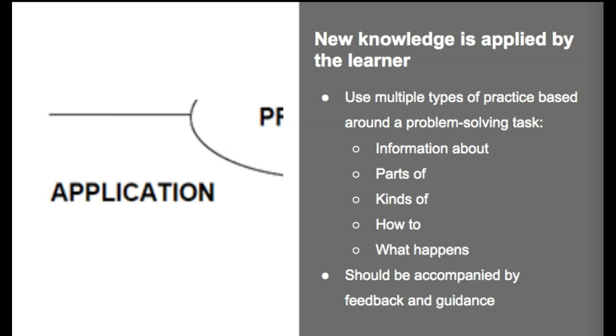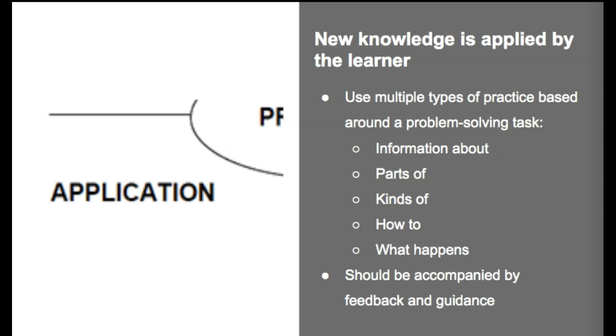Kinds of practice, which would require learners to identify, for example, new examples of the problem or the solution to the problem. How-to practice, which is where learners would actually do the procedure. And what happens, which is where learners would, for example, predict the consequence of a particular process or condition or situation, or be able to improve on it or make recommendations around it.